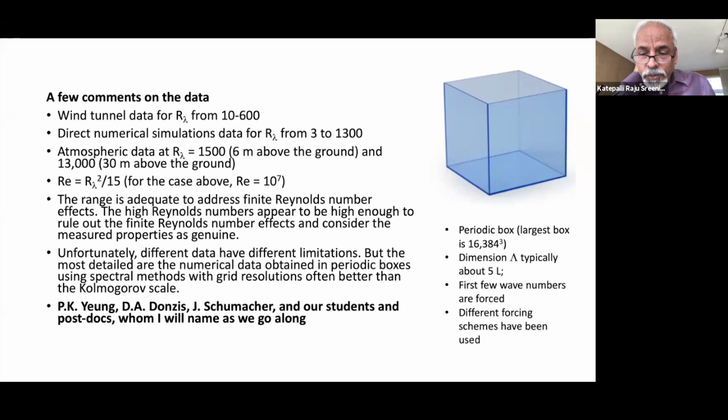And there are different forcing schemes that you can use. You can keep them stationary, you can have them varying stochastically, you can make them fast, you can make them slow, etc. One of the things we have recently learned is that if the forcing is very fast, then the so-called cascades about which we all know just do not exist.